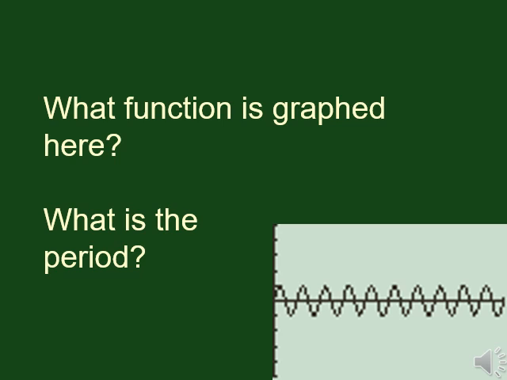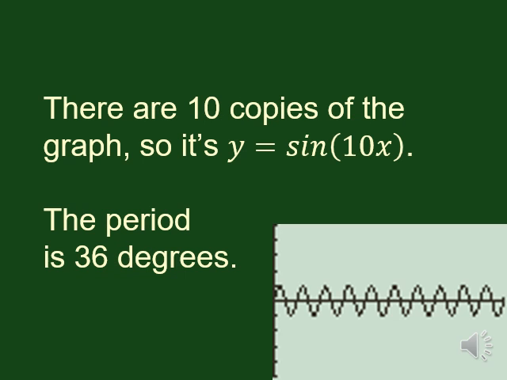And if you count how many times it's repeating what it started with, there's actually 10 of these different cycles. Because there's 10 copies of the graph, that's why the equation would be y equals sine of 10x, and 360 divided by 10 gives you 36 degrees for the period.